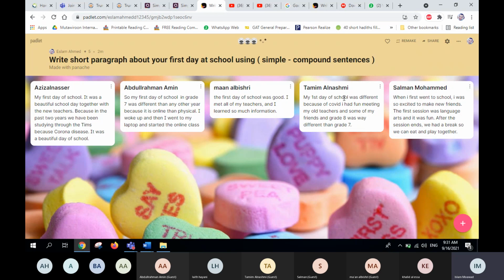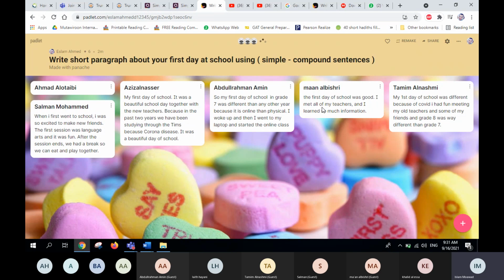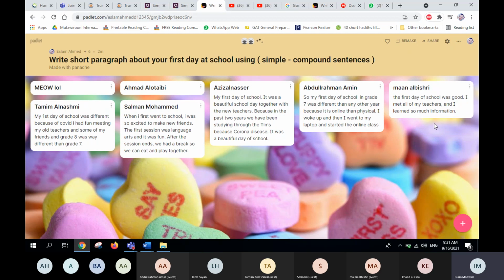Okay, my first day of school was different because of COVID. Yeah, I had fun meeting my old teacher and some of my friends. And grade 8 was way different than grade 7.